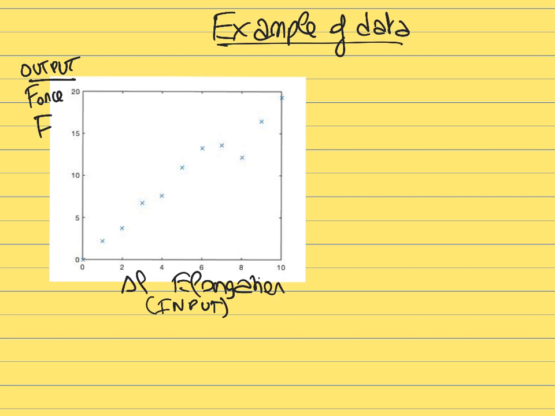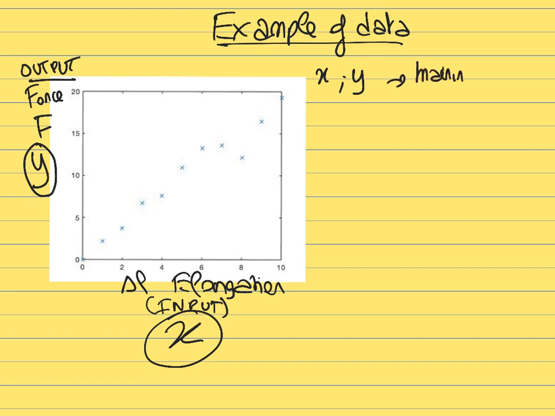Here it's written delta L, but in general, an input is denoted as X. And you are trying to predict a given output, which in general is written as Y. So every time you have a given x and a given y, the elongation and the corresponding force, that's a training example. That's an example of measurement. That's one point: for a given elongation, you measure the corresponding force. That's one training example.